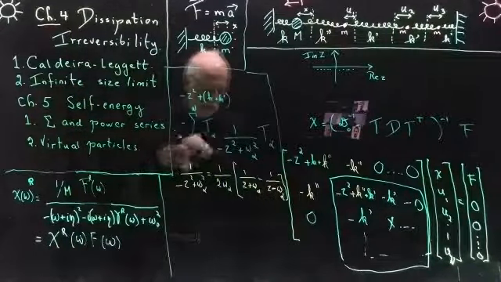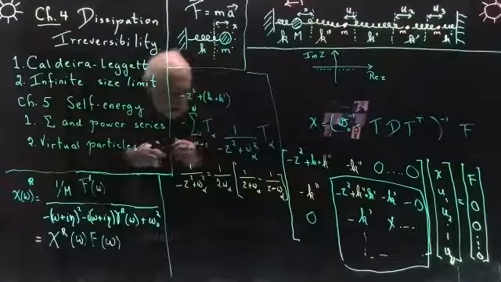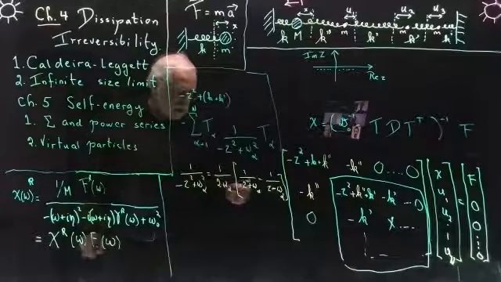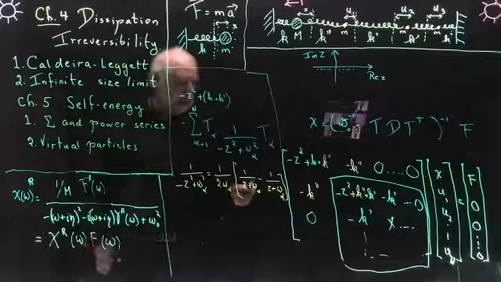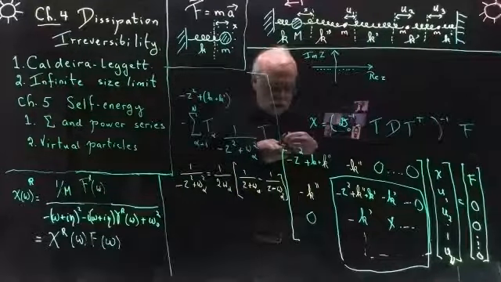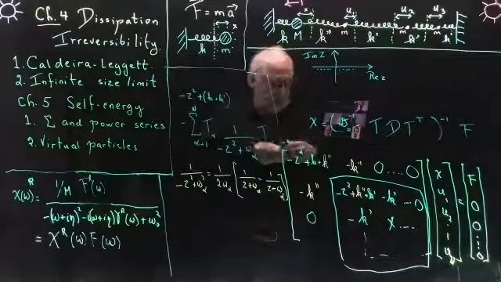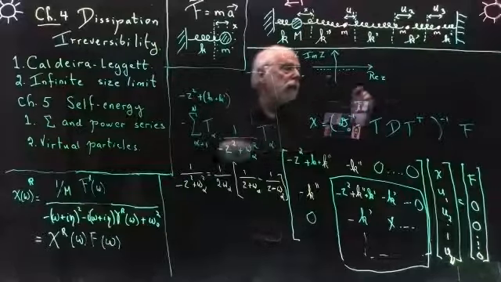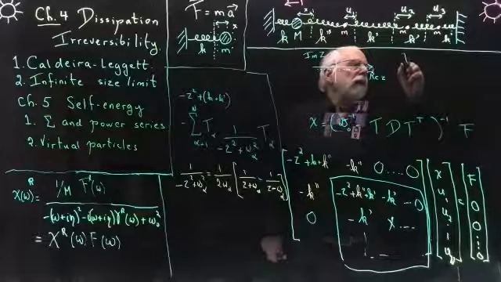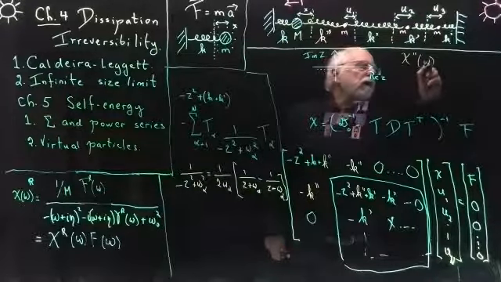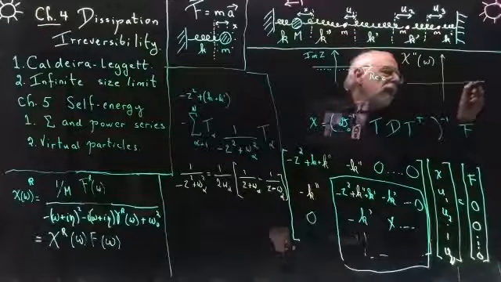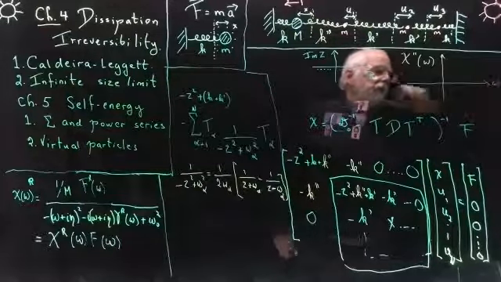So you see what will happen is that if instead of this I write chi double prime of omega, on this axis, and I write omega here.